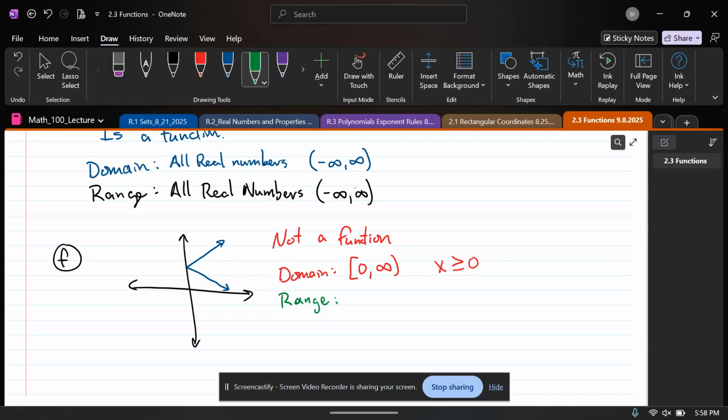So that's kind of like the line on the previous example. It's going down forever, it's going up forever. Doesn't matter that it's going to the left or right. We don't care when it comes to range. Range is up and down. So that's going forever. So that's going to be all real numbers. Or negative infinity to positive infinity.